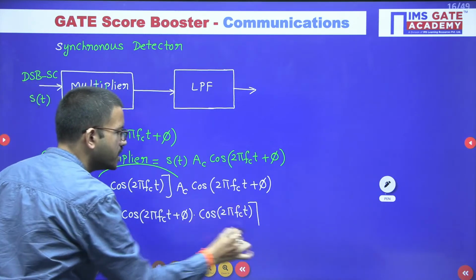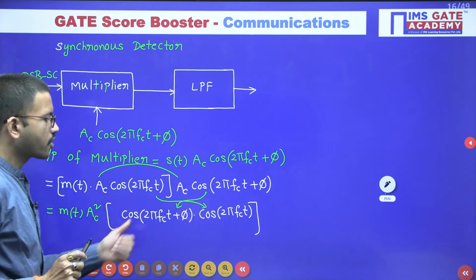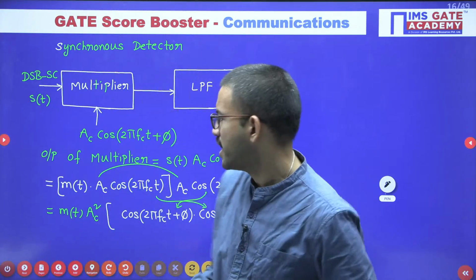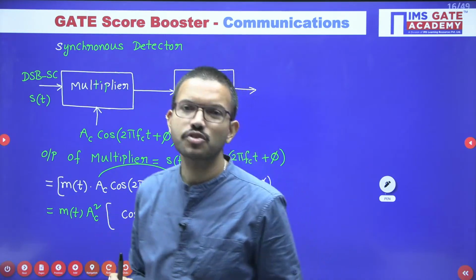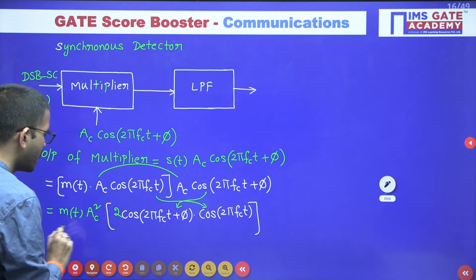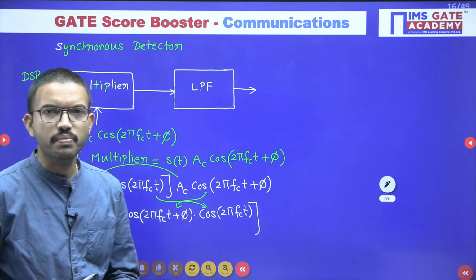Now if you observe this expression, it is in which form? Cos A cos B you are getting. But we know the standard trigonometric format like 2 cos A cos B. So in order to get that standard form, here I am multiplying with 2 and dividing with 2, so the 2 will get cancelled. We are getting the 2 cos A cos B format.